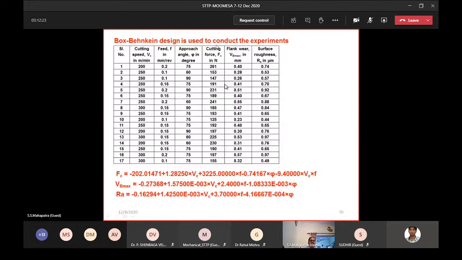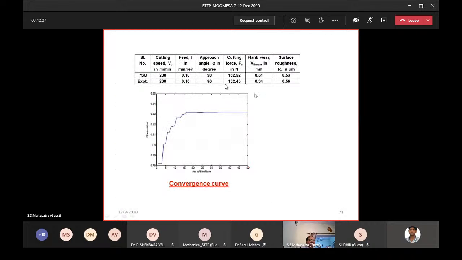Now, this has been solved using particle swarm optimization. Using particle swarm optimization, the cutting speed, feed, and approach angle have been found out. Then, in that case, cutting force, flank wear, and surface roughness were found. These are the values found.